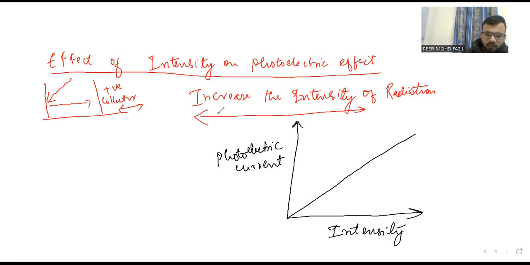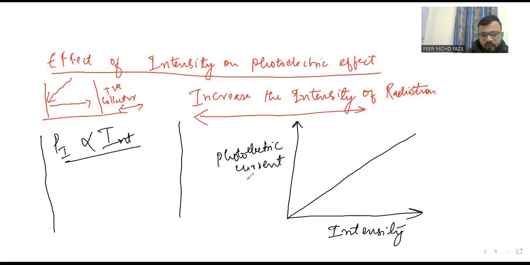So if this is asked, what is the relationship between photoelectric current, if I denote it by I, and intensity of light? The photoelectric current is directly proportional to the intensity of light. This is very important.